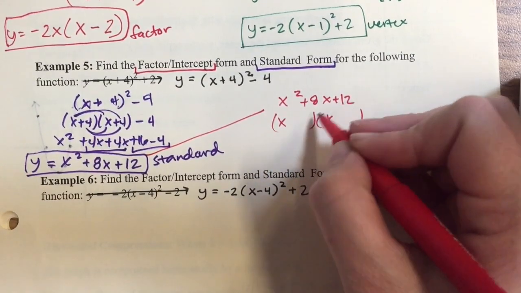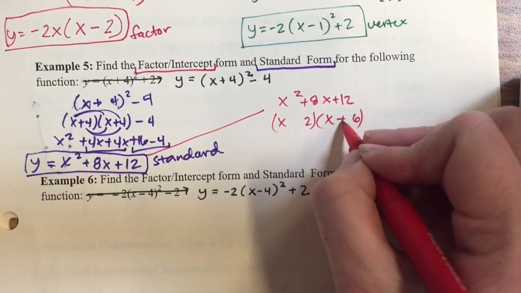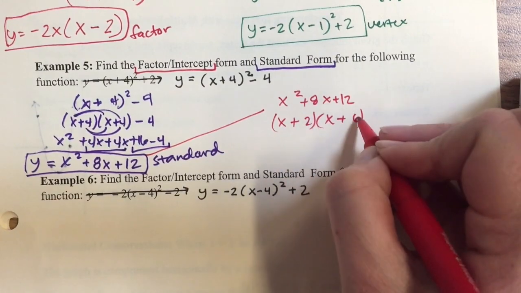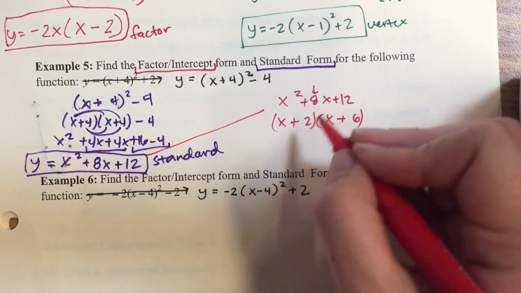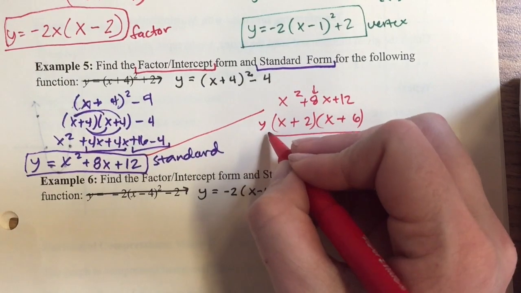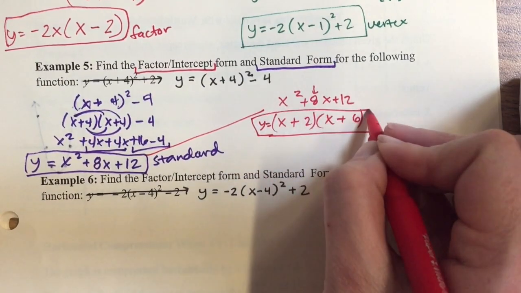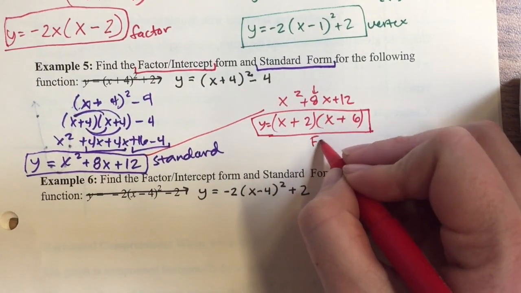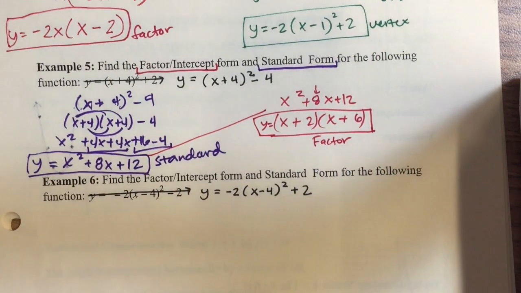X, 12 would be 2 times 6, both positives to add up to the 8 in the middle. And that is now factored.